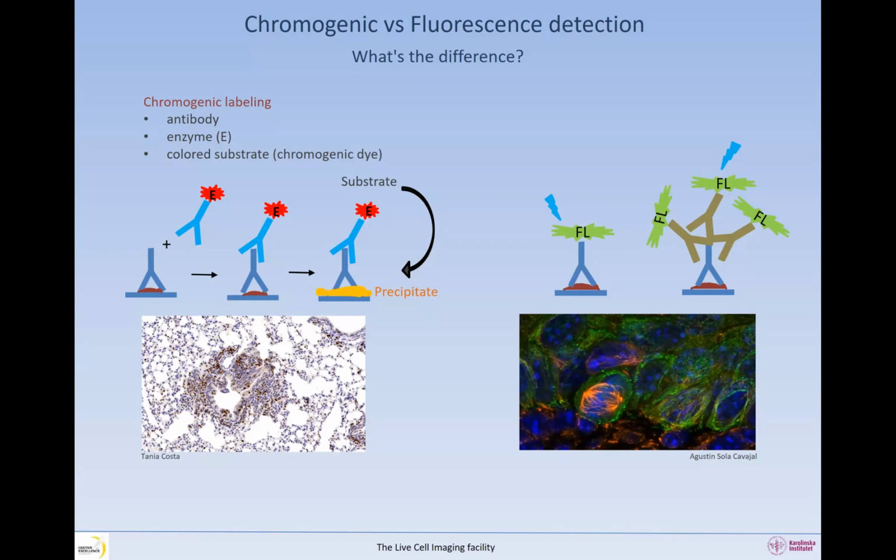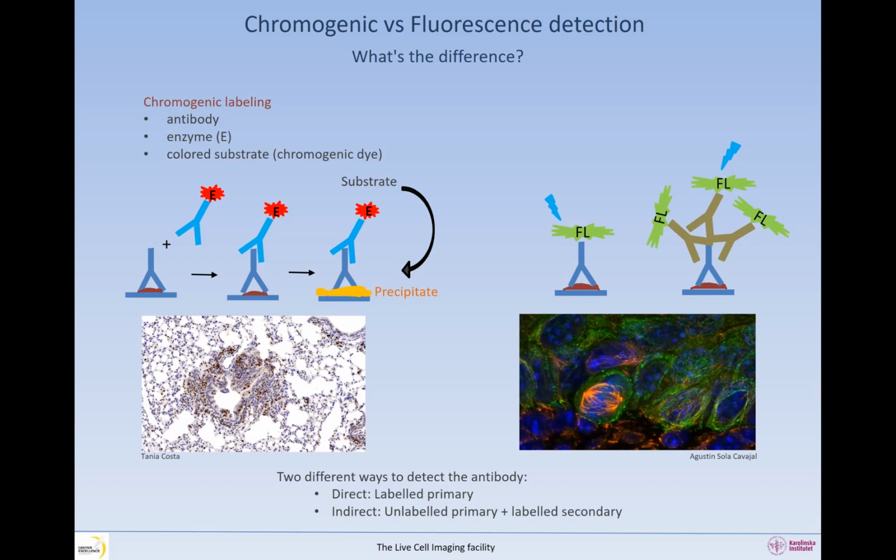And the fluorescent method is probably the most preferred method in the research environment, because it leads to higher contrast, higher spatial resolution, and higher sensitivity, but it's also more expensive than the chromogenic method.